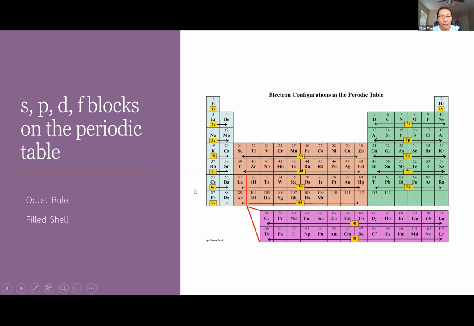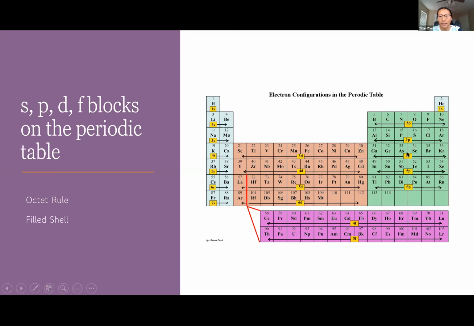So first of all, we have the S, P, D, and F blocks on the periodic table. As you can see on the left side, where it's kind of a light blue, that entire thing is the S block. And that means that the last electron that's added into the atom ended up in an S orbital.